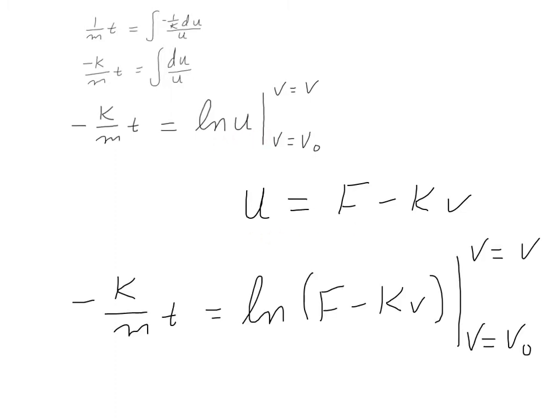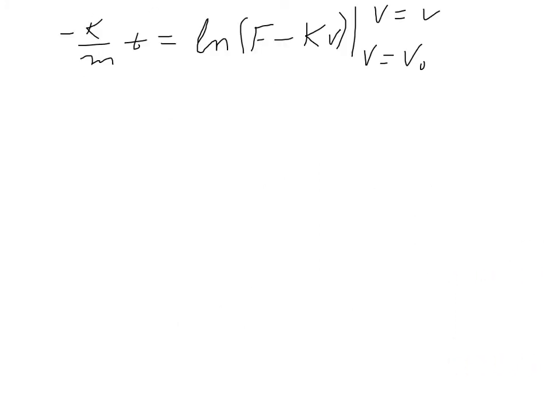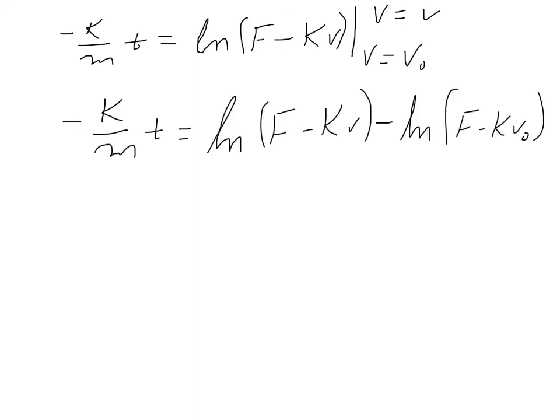So my integral looks like the natural logarithm of f minus kv, and now all I have to do is plug in my limits of integration. I made some more room, so here I plug in v, and I plug in v naught, and I subtract those two.